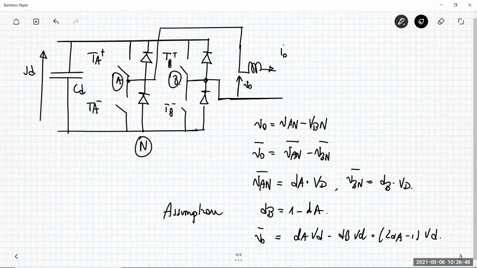This is the standard expression of the voltage V naught that we already had for the DC four-quadrant converter. dA ranges from 0 to 1, so V naught ranges as an average value from negative VD to plus VD.